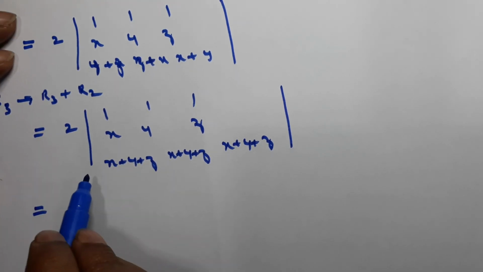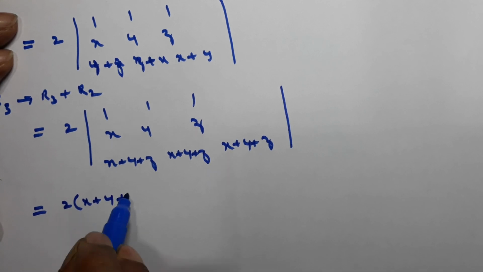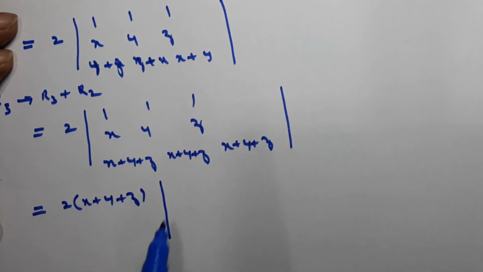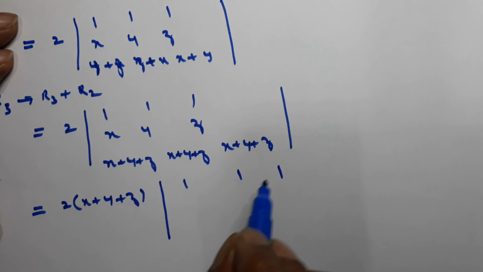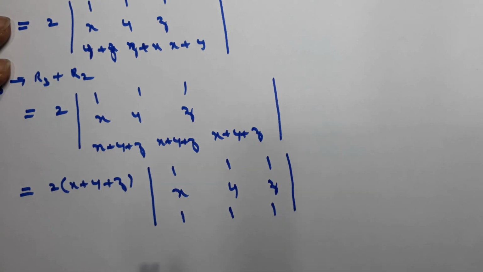As x + y + z is common from the third row, it is 2(x + y + z) times the determinant 1, 1, 1, x, y, z, 1, 1, 1, and this determinant value is 0.